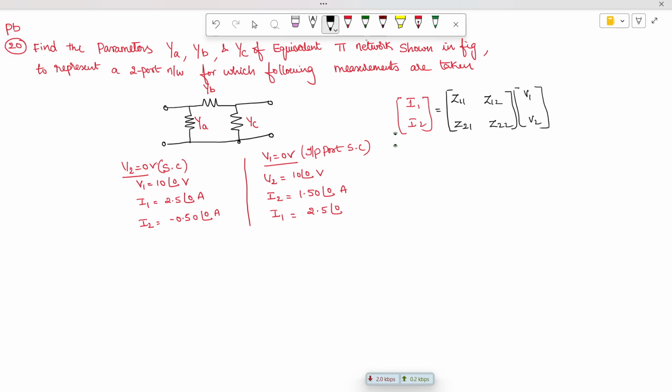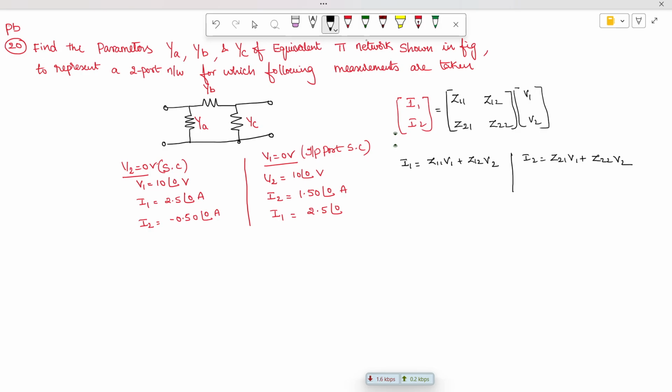So now from here we can write down the expressions: I1 is equal to Z11 V1 plus Z12 V2 is one equation. Second equation, I2 is equal to Z21 V1 plus Z22 V2 is the other equation.